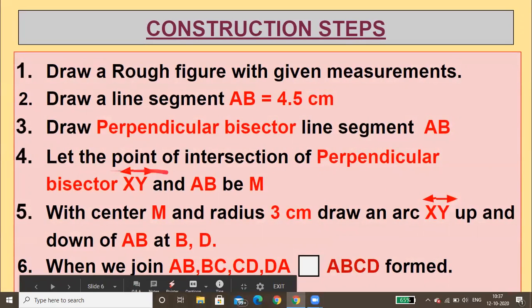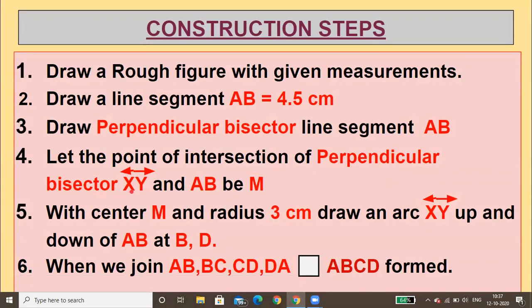The perpendicular bisector, name it XY, this line will intersect the line segment AB at the point M. Now take a radius of 3 centimeters with center M. You have to draw an arc on the XY line, up and down.